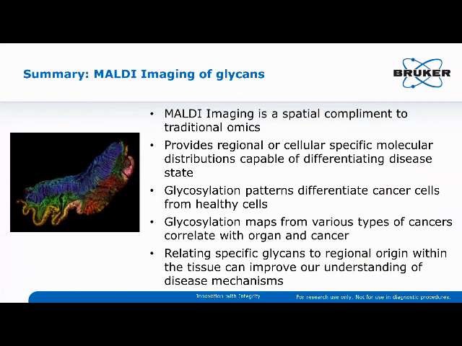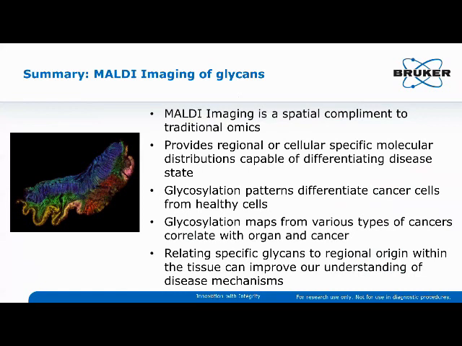And along with the fact that proteins, lipids, and metabolites present unique distributions from a regional specificity, glycosylation patterns fall in line. They differentiate cancer cells from healthy cells quite readily.